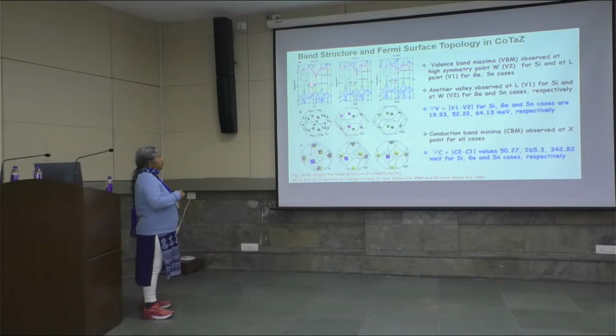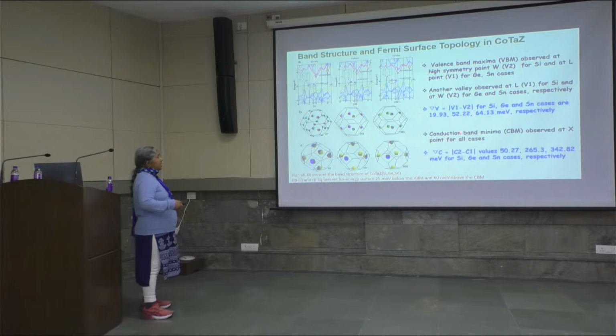For example, for these two, the energy difference is delta V, the energy difference between V1 and V2. This is 19.93 meV, this is 52, and this is 64, very close. So at these values, 25 meV below the VBM, which we consider these peaks, and 60 meV above the CBM, because we see that the CBMs are kind of higher, we calculate the Fermi surface.